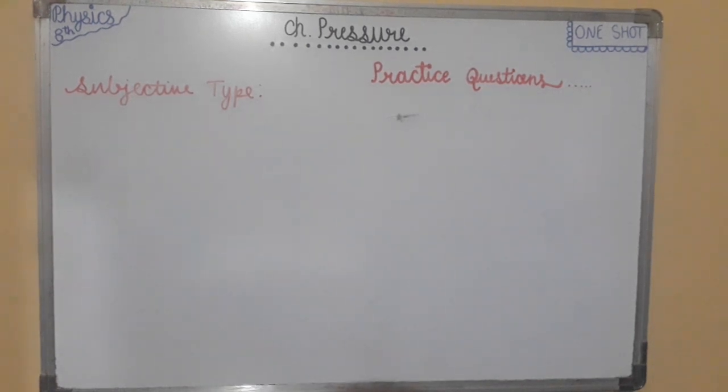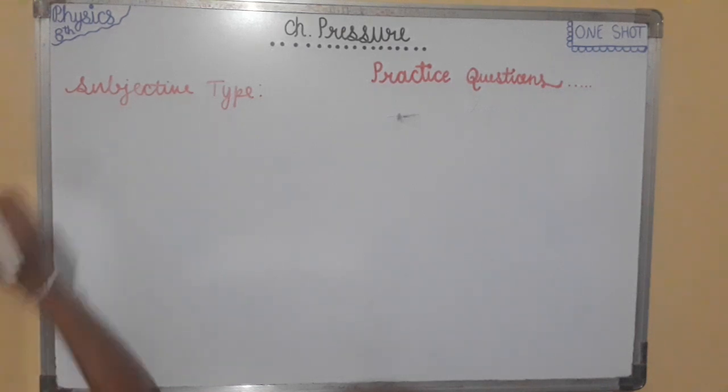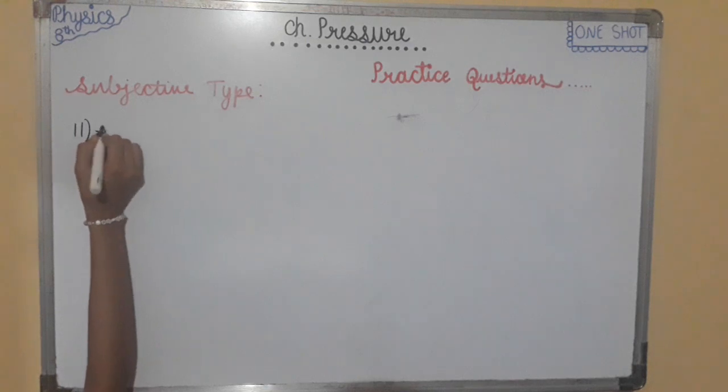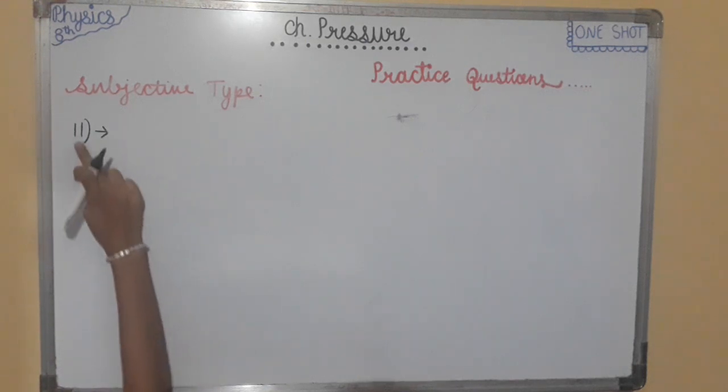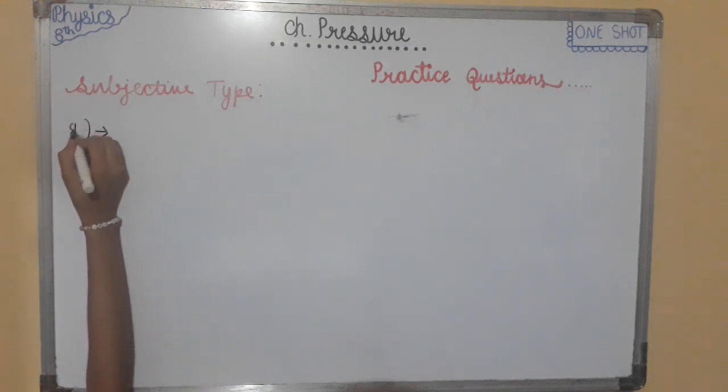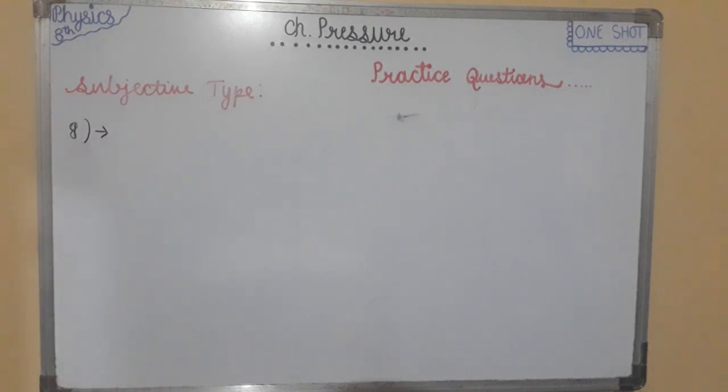The question is that a stone weighs 650 Newton in air and 275 Newton in water. Calculate its relative density and take g is equal to 10 meter per second square.